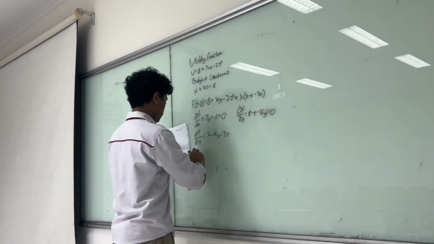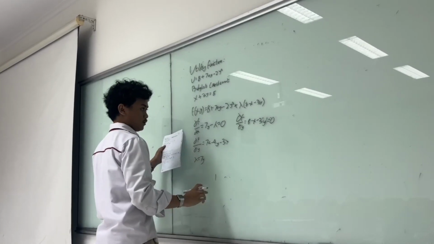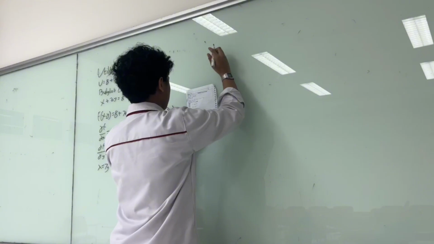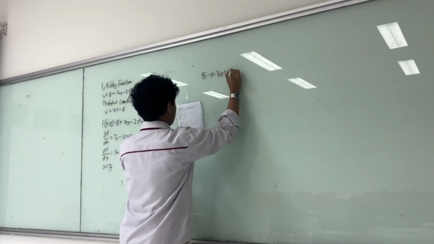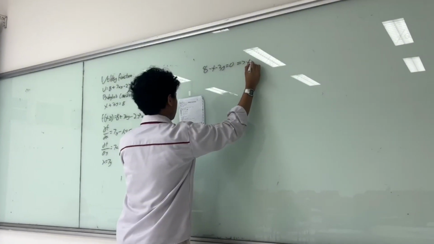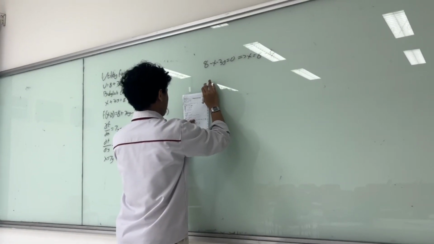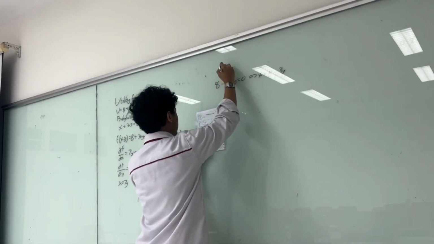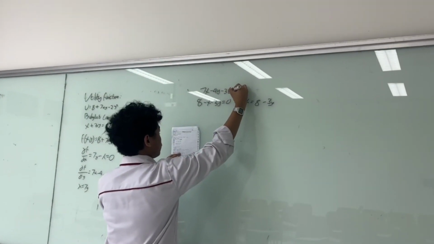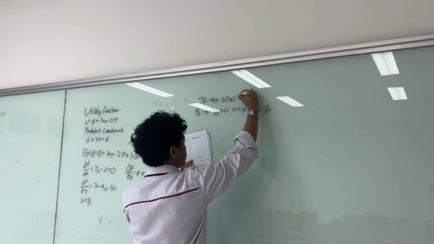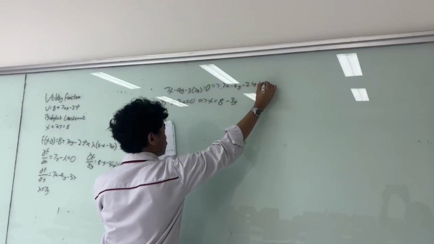Then we solve the system. Lambda equals 7y from equation 4. Before this, we have to substitute 4 into 5, like this: 7x minus 4y minus 3 times the bracket 7y equals 0, and then the result is like this: 7x minus 4y minus 21y equals 0.